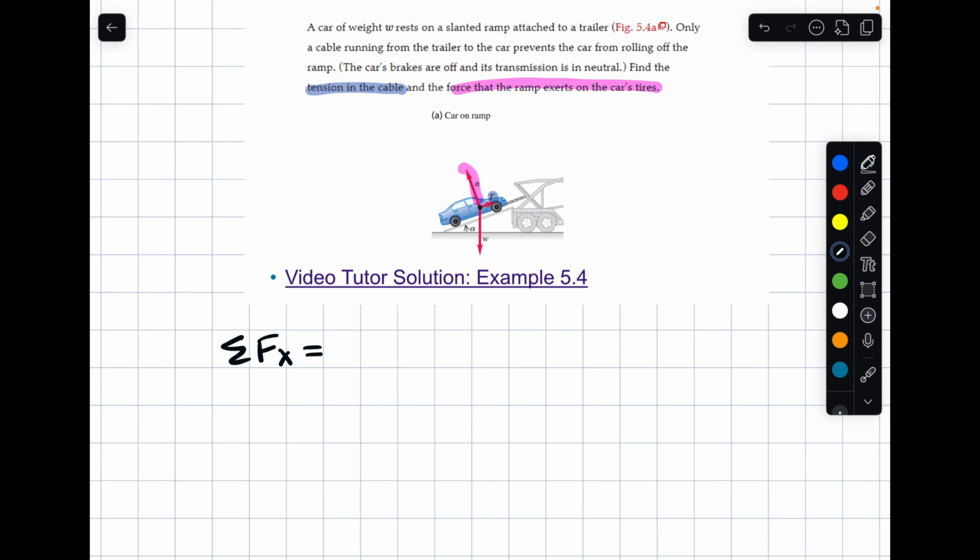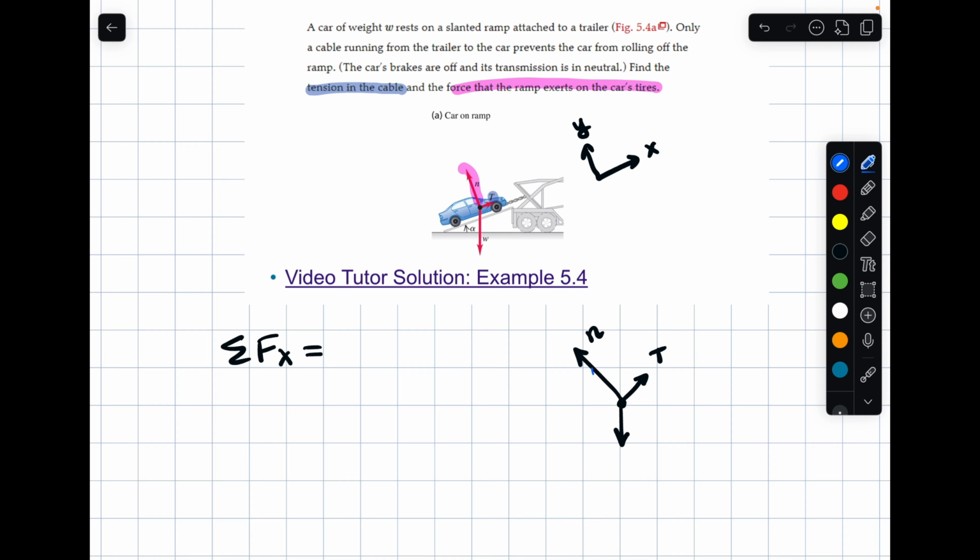So let's uncover all the forces in the X, but hold on, we need to figure out what our coordinate system is going to be. And so whenever you have an inclined plane problem, what you're going to do is tilt your coordinate system so that the surface is parallel with the x direction. And so maybe we should redraw everything just so that we can put our coordinate system on top and clearly see, right?